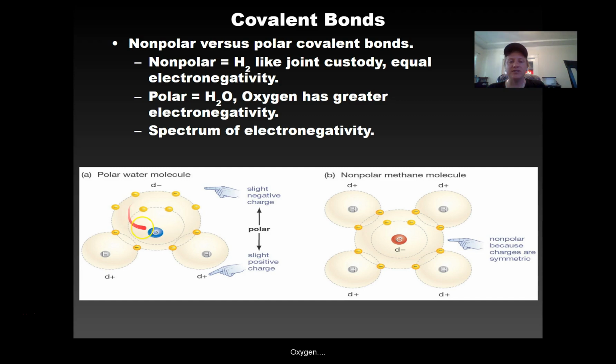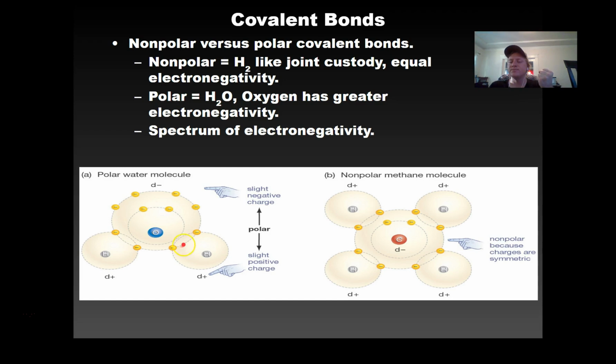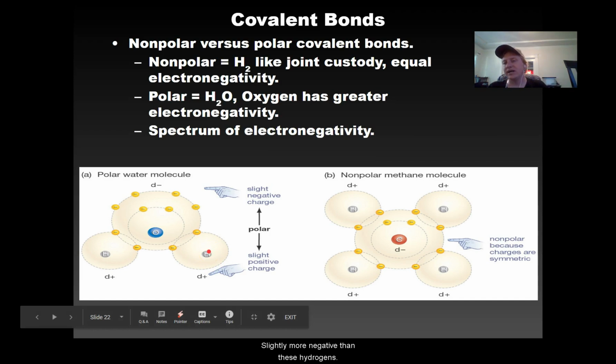Okay? And oxygen is more electronegative than hydrogen. And so this oxygen is going to pull those electrons toward itself, again, because it is more electronegative. The reason it's more electronegative, you have to get into physics and some chemistry to really understand that, and it's not super important to know why, but you should know oxygen is more electronegative than hydrogen, and it's pulling those electrons toward itself. And so when it's pulling those electrons toward itself, it's making itself slightly more negative than these hydrogens.